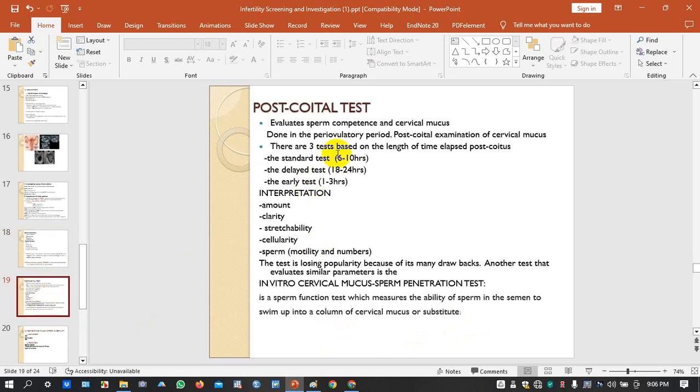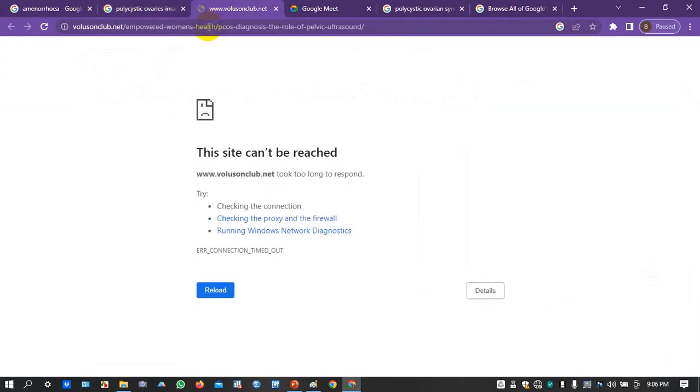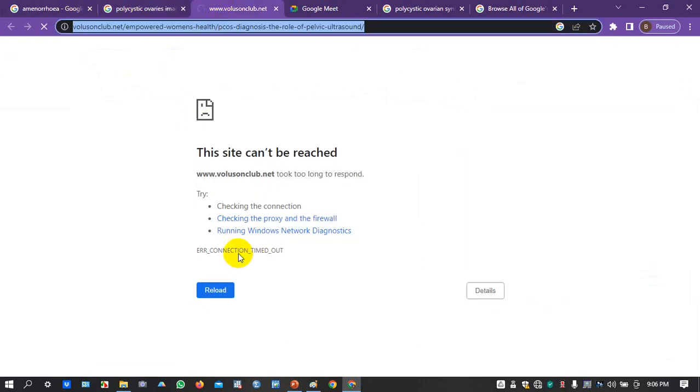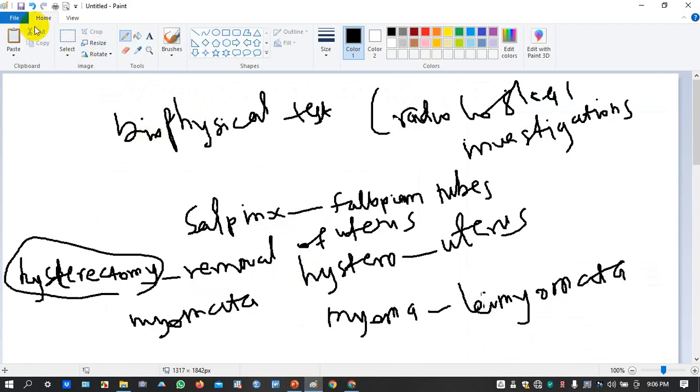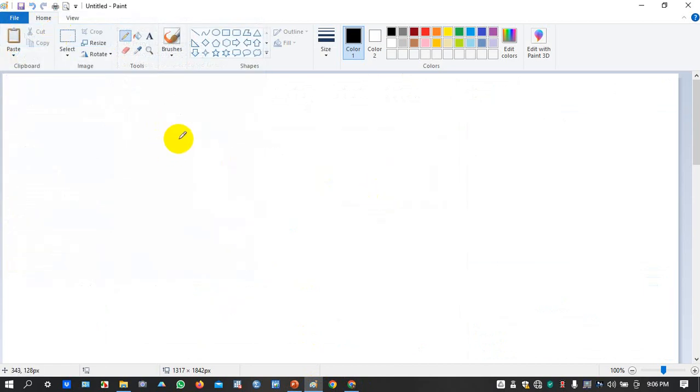Okay, so the postcoital test. This one evaluates sperm competence and cervical mucus. Every woman has a cervical mucus block. In the cervix, there is something we call cervical mucus. So if this is your fallopian tube, this is your uterus, your cervix.